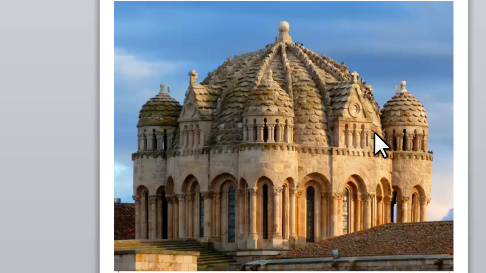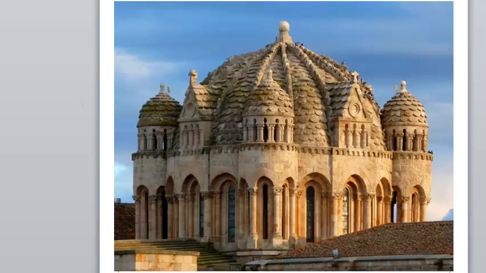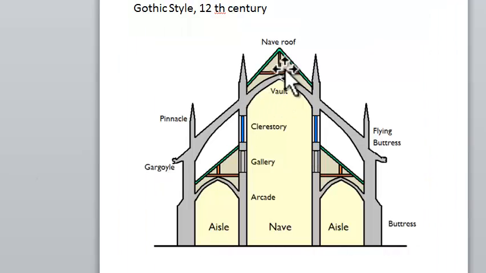Now the second: from Romanesque came the Gothic style, in the 12th century. You see that in the Gothic style, the earlier arc has gone in this way.